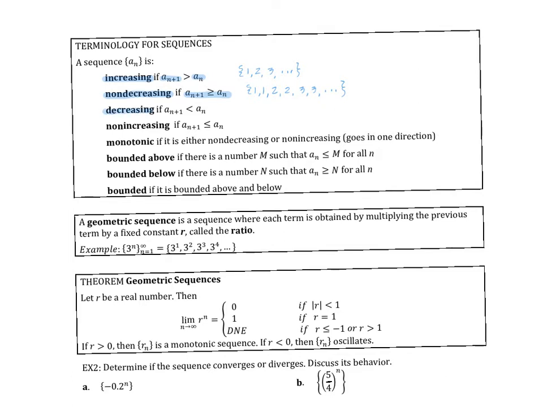Decreasing is if the terms get smaller. So for example, 1, 1/2, 1/3, 1/4. This would be a decreasing sequence.